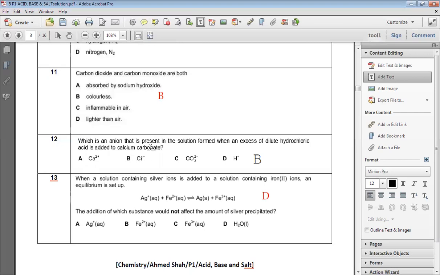Keep this in your mind: all carbonates are insoluble, so they cannot produce their ions when they react with acid. So carbonate does not exist in the solution. But the chloride ion does, because any kind of acid, hydrochloric acid, nitric acid, sulfuric acid, produces negative ions. HCl contains Cl negative, nitric acid contains nitrate, and sulfuric acid contains sulfate ions. Question 12, option B is correct.